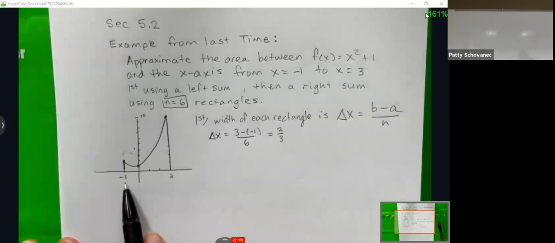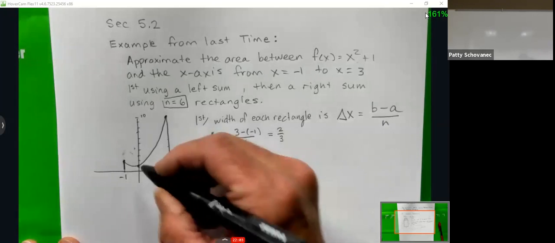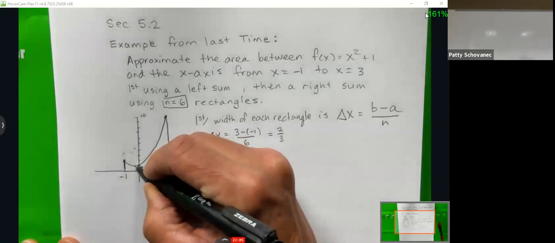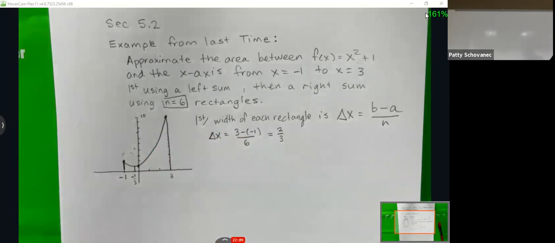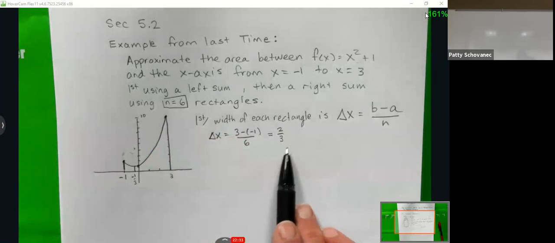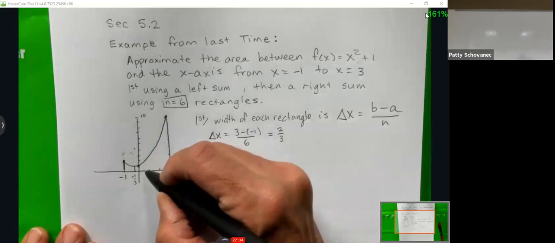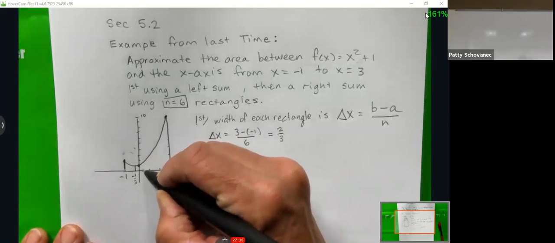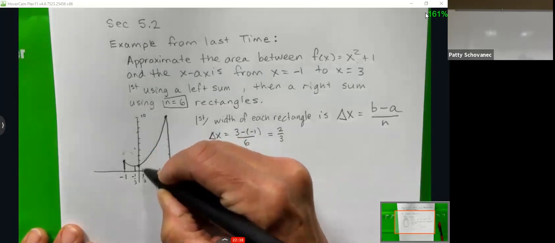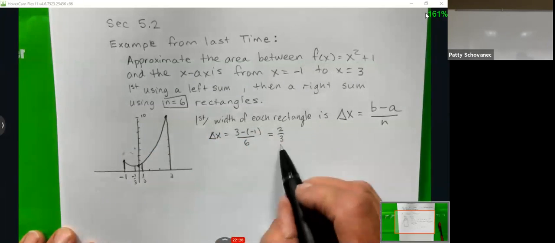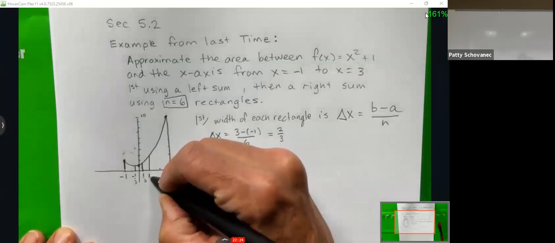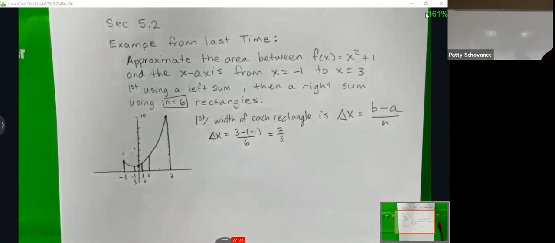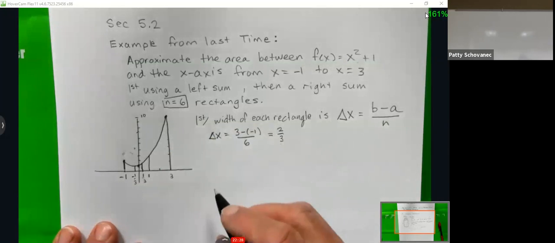And so if I start with -1 and add 2/3, this edge here would be at -1/3. Then let's add 2/3 to -1/3, and that puts us at +1/3. Make another rectangle. Then 1/3 plus 2/3 gives me 3/3 or 1. Plus 2/3 gives me 5/3.